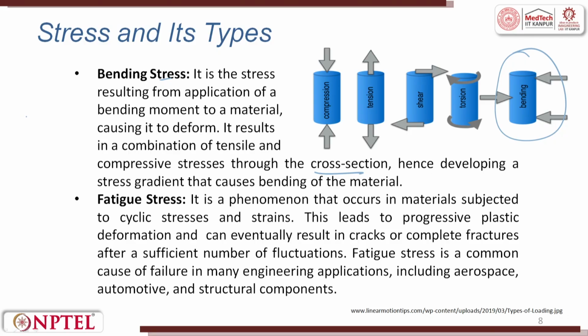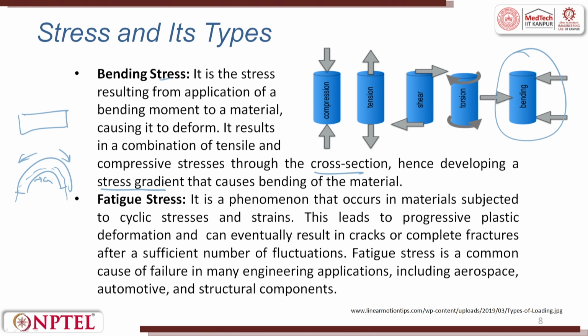If you have an object like this, when you try to bend it, you have tensile and then you have compression. So you have the axis, and somewhere from here to here a transition is happening. That is what is represented as a stress gradient.